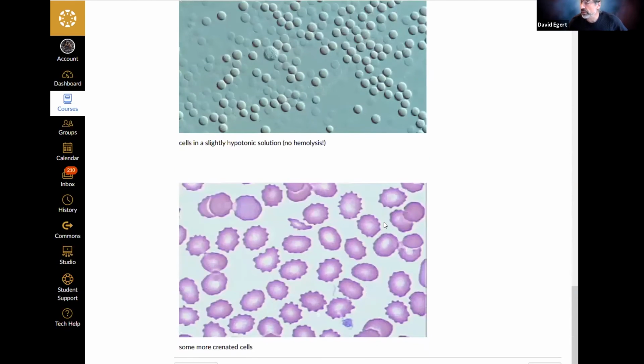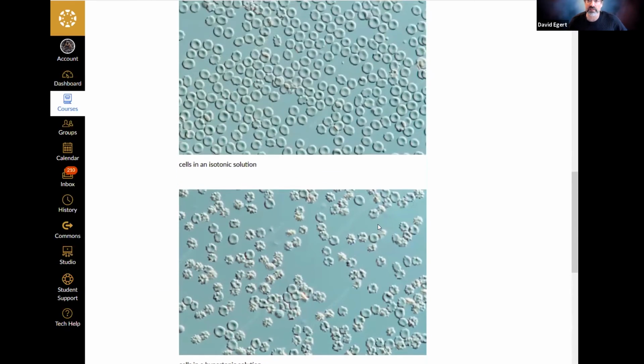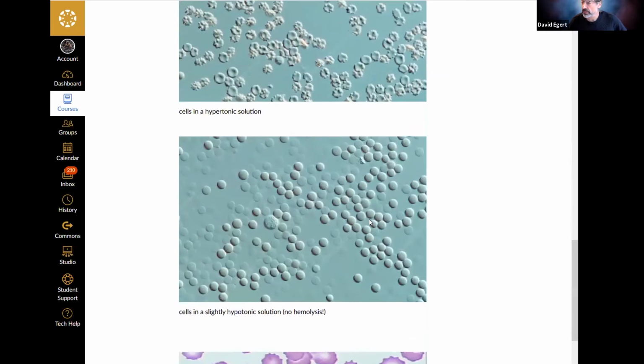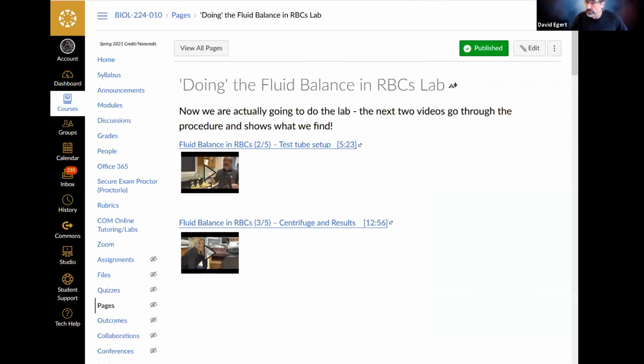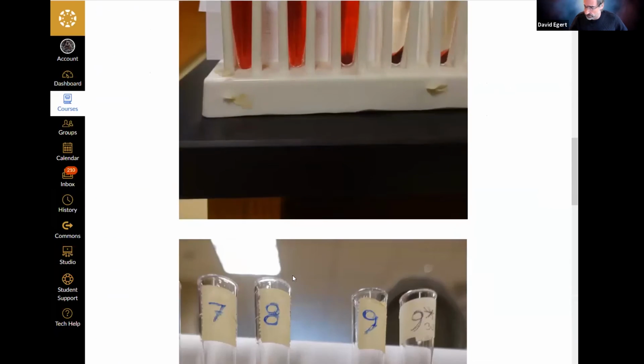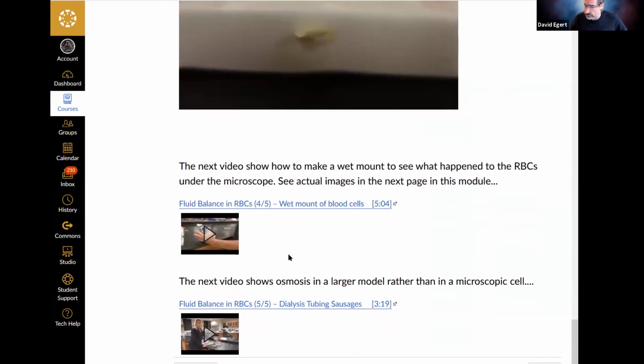All right, so there's only one last part to this lab. So I'm going to go back to the previous. Like I said, one of the things that we like to do in this lab is give you a larger macroscopic example of cells in a hypertonic or isotonic solution that you can actually poke at with a stick.